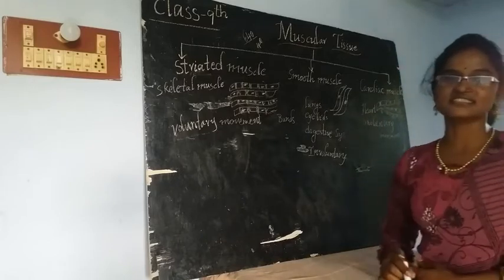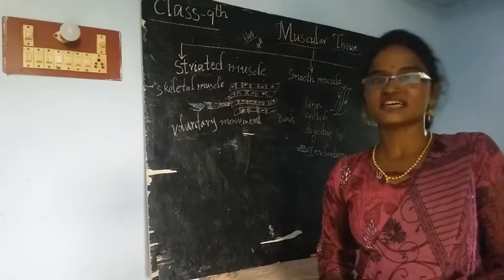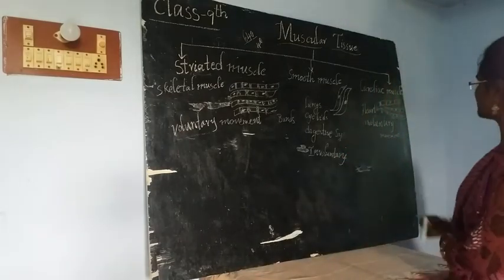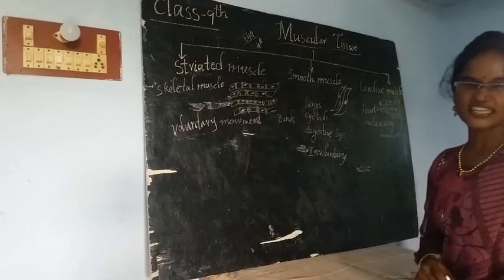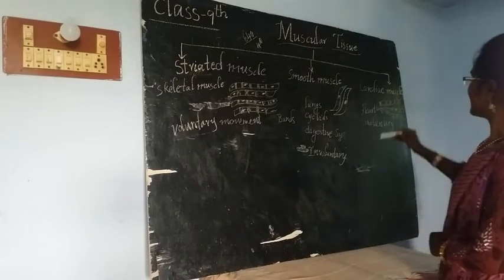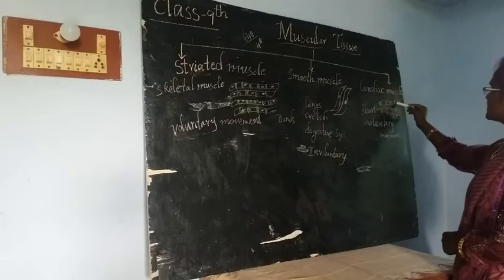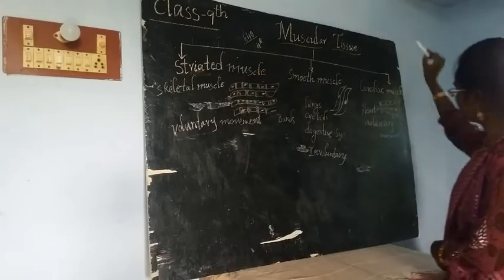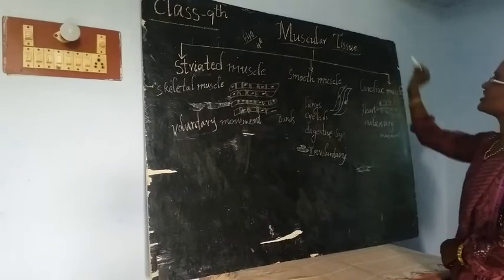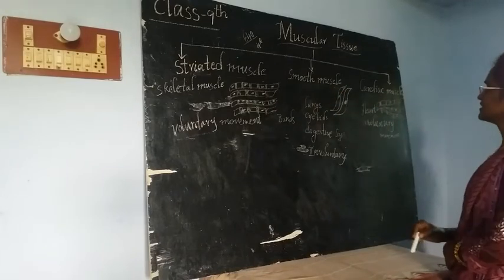Our heart is just made up of cardiac muscle. And this cardiac muscle is a special variety of muscle. Why am I calling it a special variety? If you see the structure of cardiac muscle, it resembles striated muscle. If you observe the function of cardiac muscle, it resembles smooth muscle.